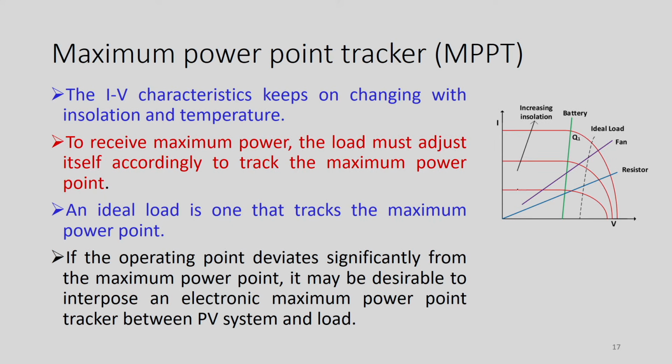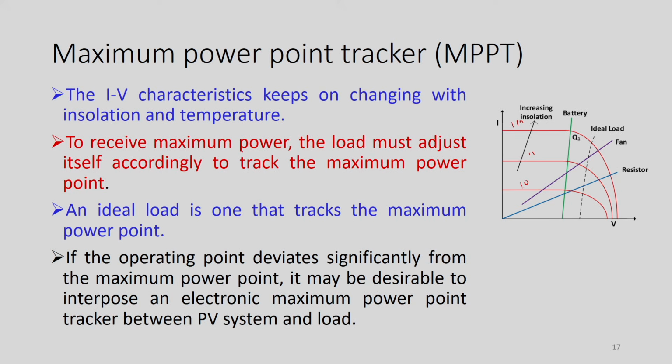This may be at, say, 10 o'clock in the morning, this may be at 11 o'clock, this may be at 1 p.m. So, different curves can be generated at different times. Also, these depend on temperature, as we discussed in the very beginning of this class. This IV characteristic keeps on changing with insolation and temperature.